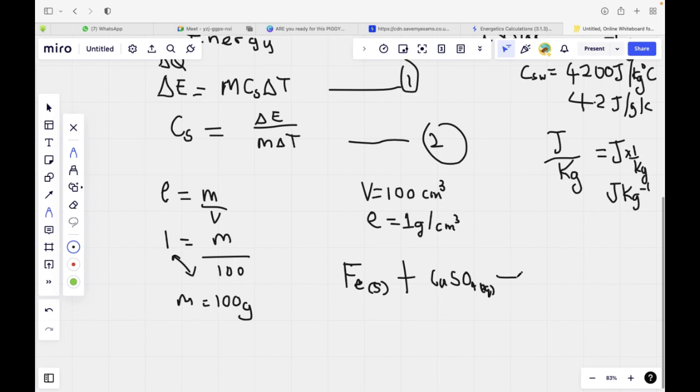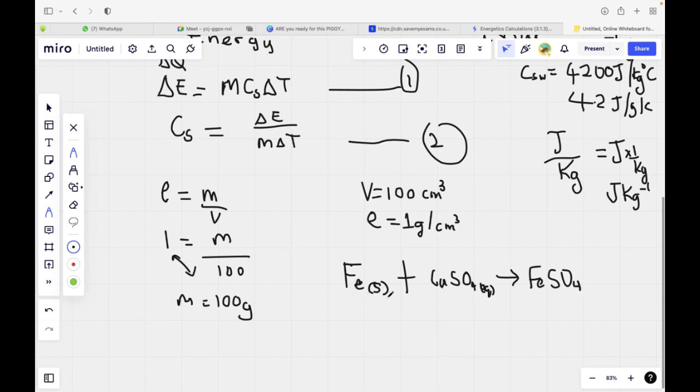This will give us iron sulfate plus copper, because the copper will be displaced.